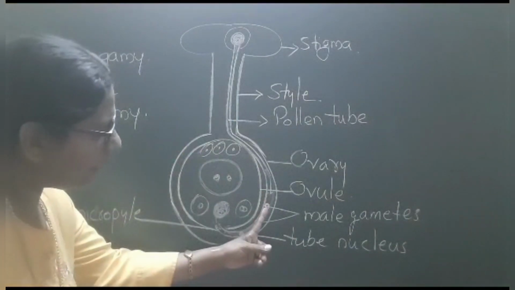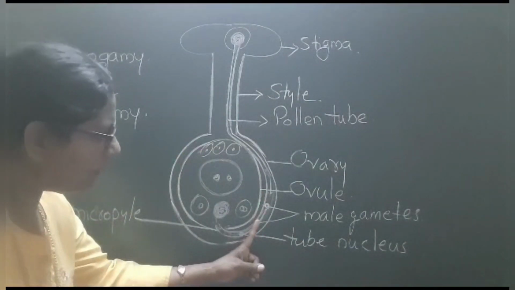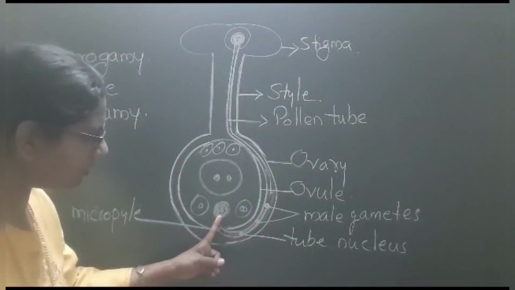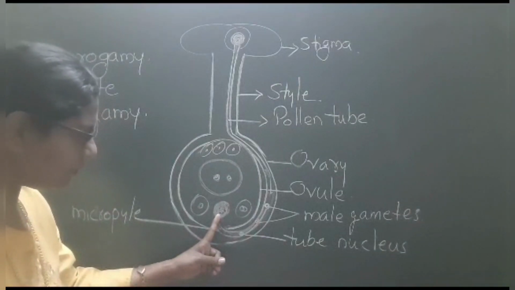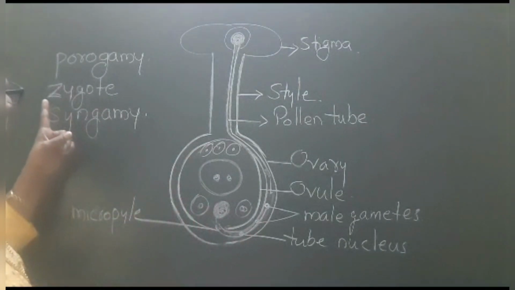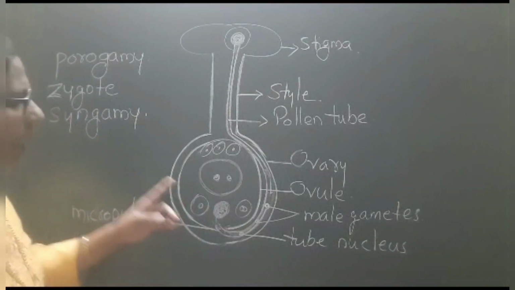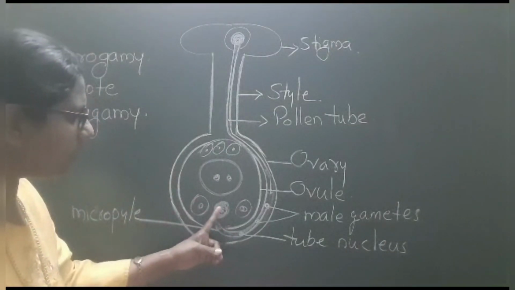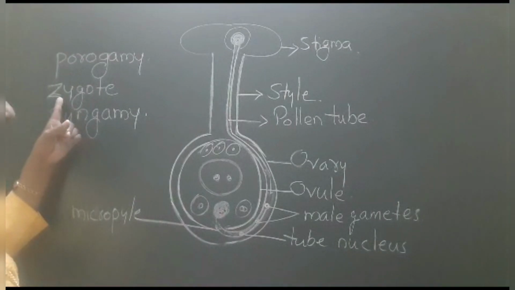Now there are two male gametes, I said. One male gamete is fused with the egg and that process is called syngamy, and after fusion that forms zygote.